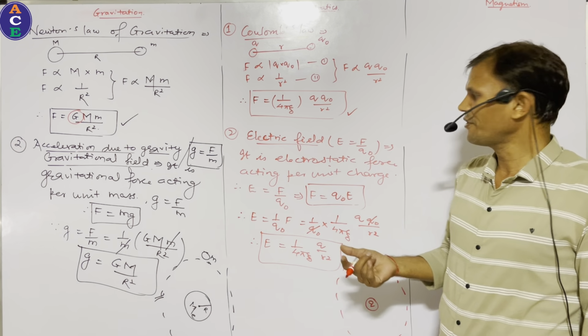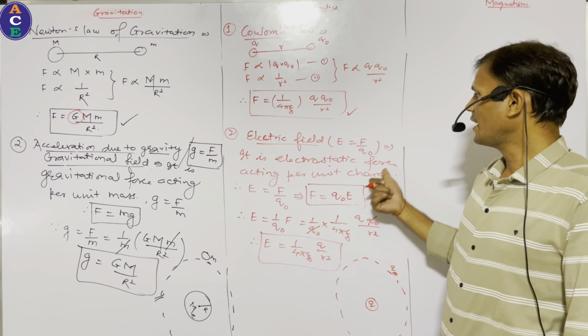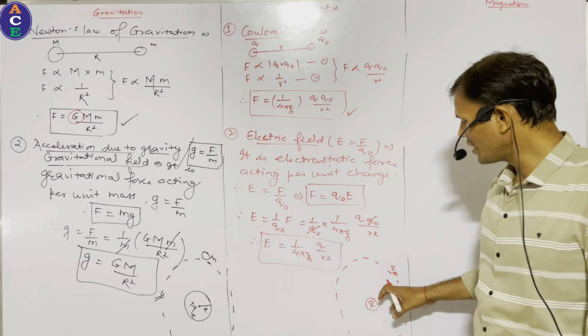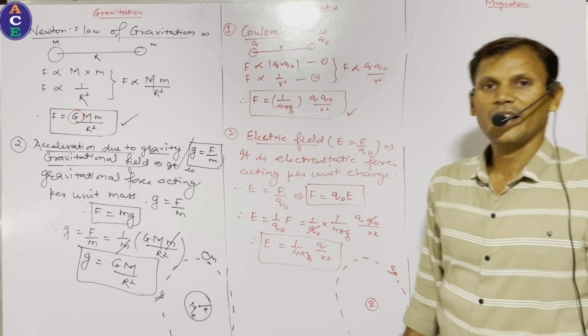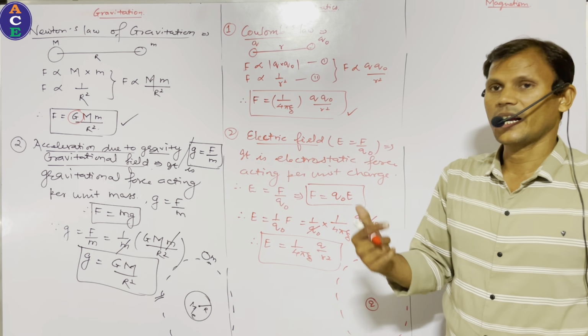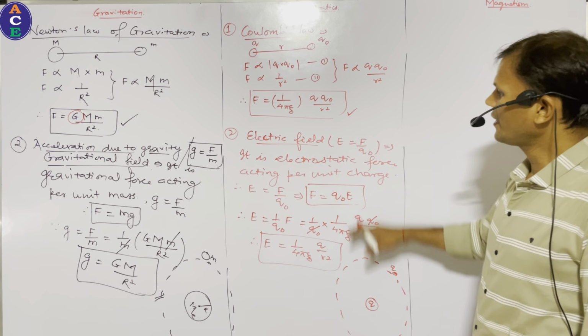So there are two definitions. One is electrostatic force acting per unit charge, another is the space around the charge up to which electrostatic force can be experienced by another charge. This is the electric field.